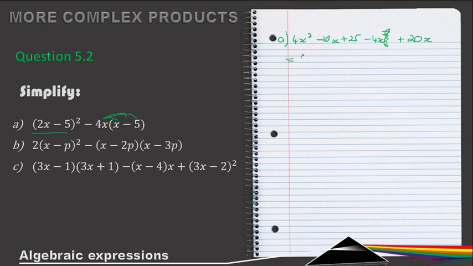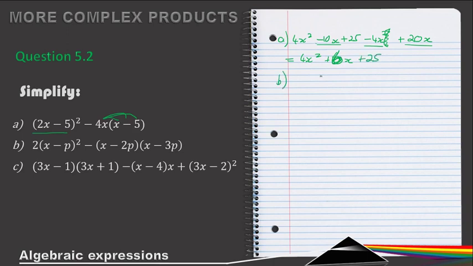Now, like terms 4x squared, these two, minus 10 plus 20 or 20 minus 10 gives me plus 10x. We also have this one that contains x, so that's minus 4. So this is going to give me 6x and then plus 25.